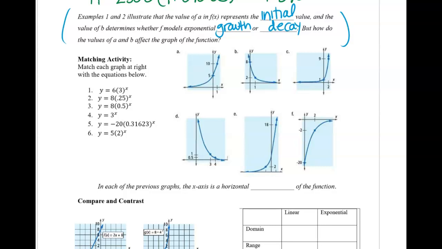Okay, I'm assuming you tried and you came back, or just want to listen to me because you do. So if we look at this here, our initial value is really our y-intercept. So A is really our y-intercept because it's our initial value.